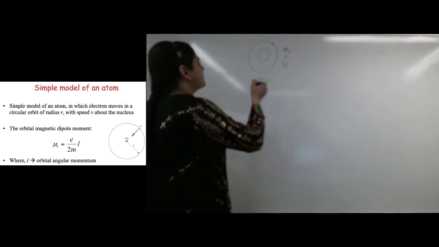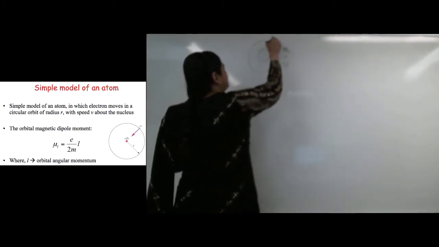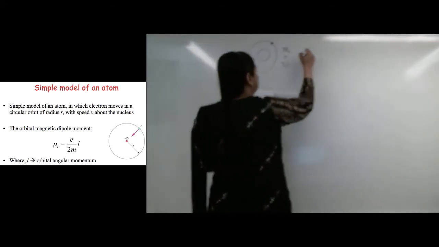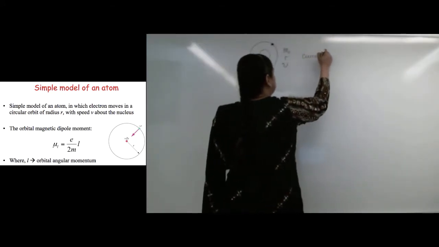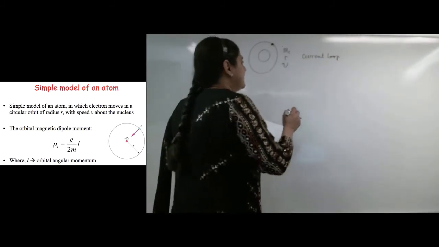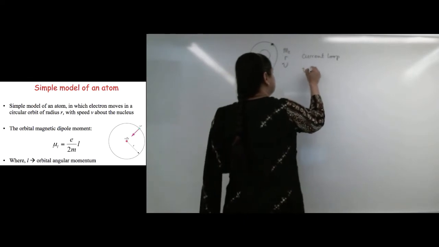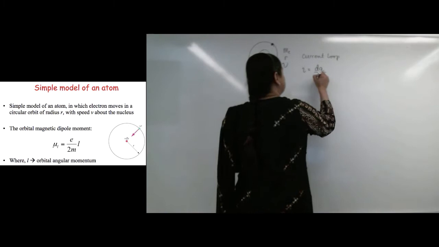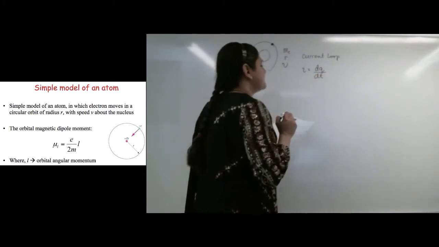So this electron, while it's orbiting around the nucleus, I'm going to consider as a current loop. I know that the current this electron will cause is given in general by dq over dt.